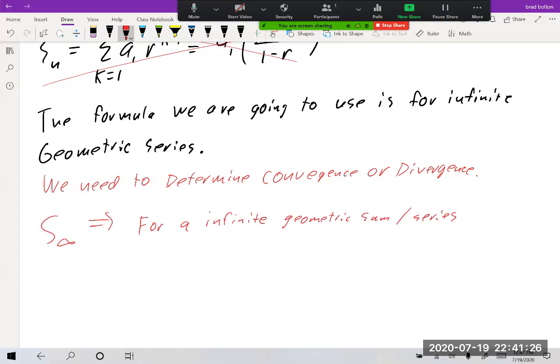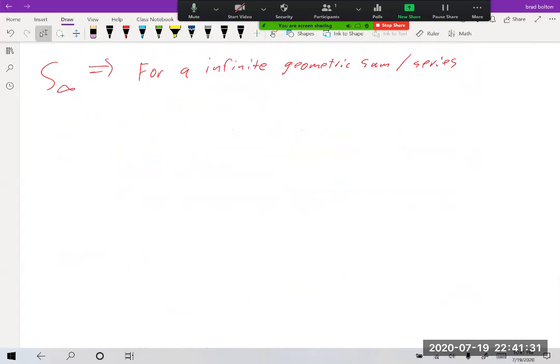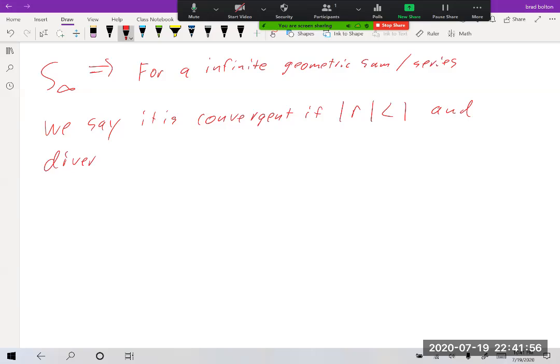But this notation that I'm using up here, this notation that we used in the previous sections, so for an infinite geometric sum or series, we say it is convergent if the absolute value of r is less than 1, and divergent if the absolute value of r is greater than or equal to 1.